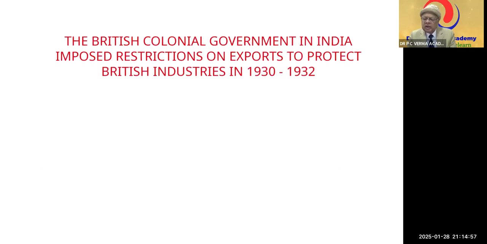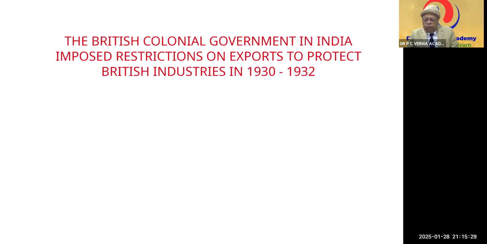Here are some specific items that were restricted for export from India during 1930-32 period. Number 1, cotton textile. Number 2, jute. Number 3, tea. Number 4, iron and steel.